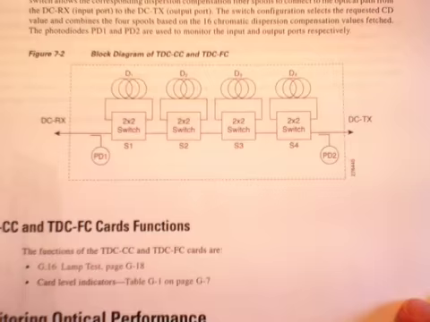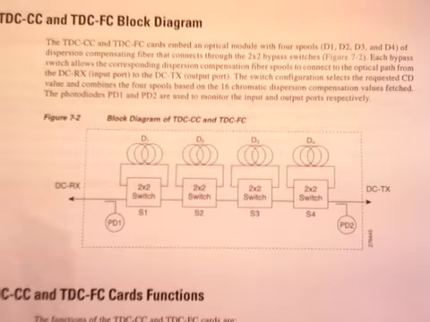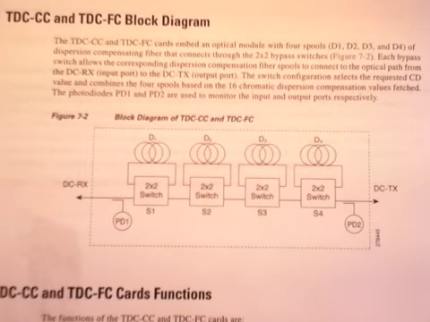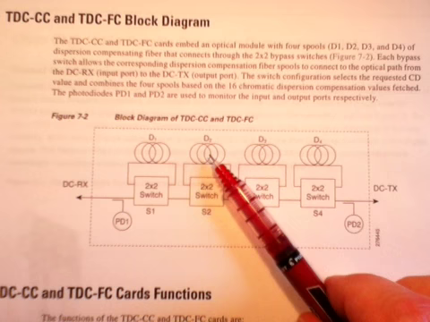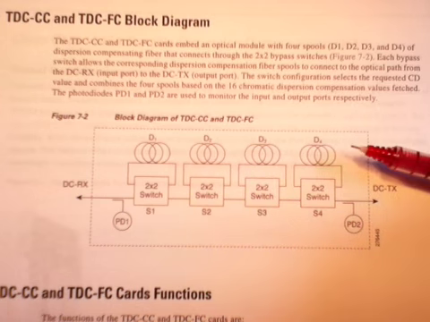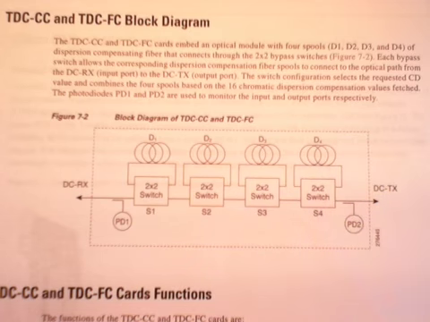Well, here's the block diagram showing how this is laid out. There are 4 dispersion compensation coils here. These are coils of DC fiber that I talked about in a previous video. And each of the coils is switched in or out with a 2x2 switch.